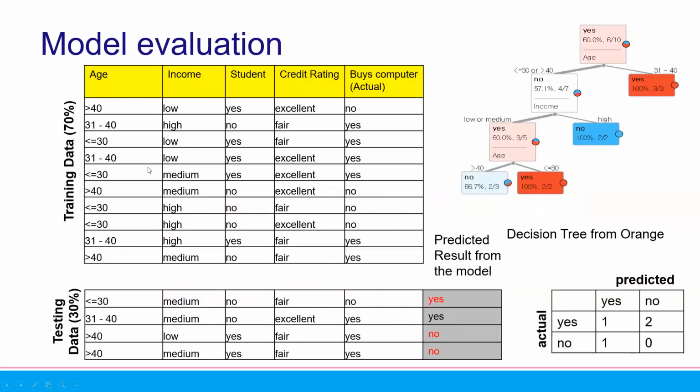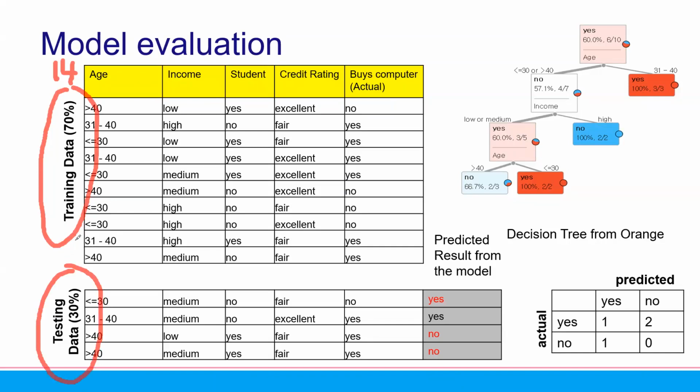Now, we want to check the model that we already got. Let's say this is the decision tree, and you have the training data. In our example before, we have 14 data, so we have 14 rows. We split it into the training data and the testing data.